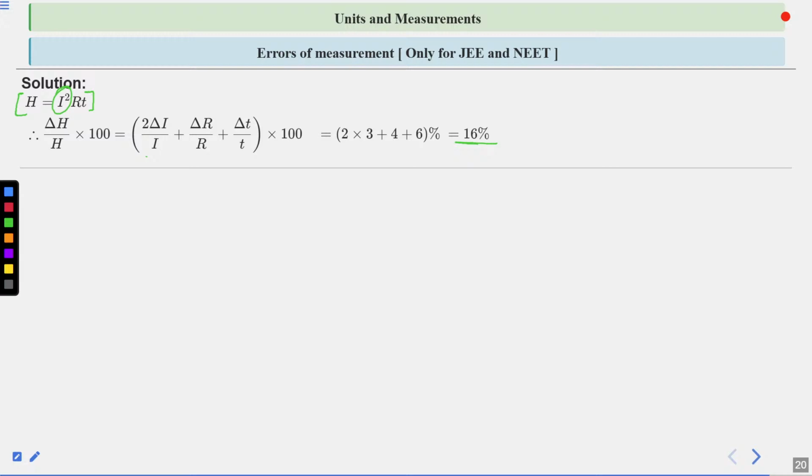Think about it. What is the relative error?